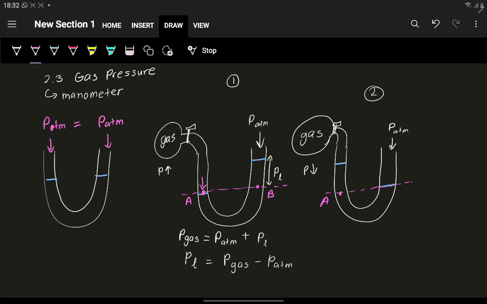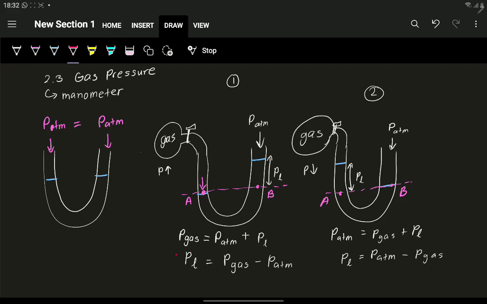So this is A, this is B, this is our PL. For this one, we calculate it with PATM equals P gas plus PL. Why? Because PL equals PATM minus P gas.